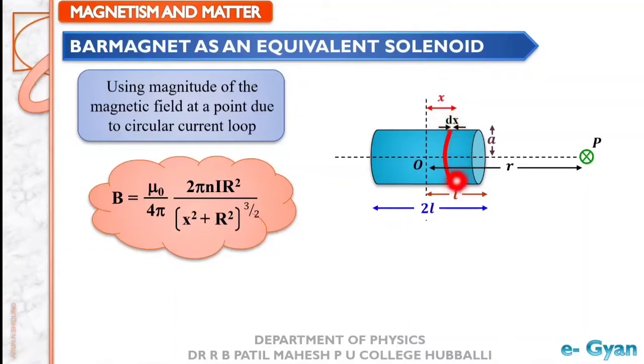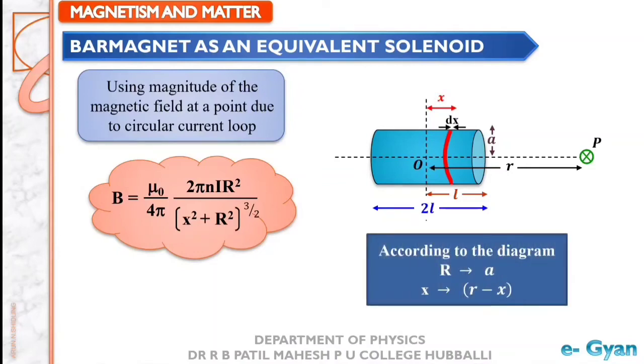So we can find the magnetic field due to this using this formula, but there are some alterations we need to make. The x value we had chosen in that derivation is a bit different in our present scenario. So according to the diagram we shall make some alterations to this formula. In that discussion of the circular current loop in the Moving Charges and Magnetism chapter, we had assumed the radius of the circular loop to be capital R. Presently it is small a in our case here.